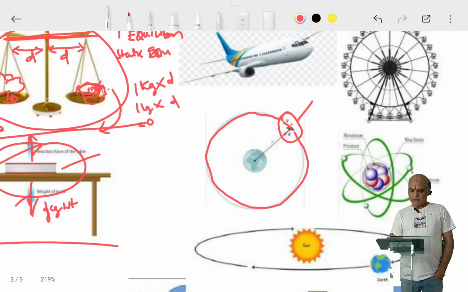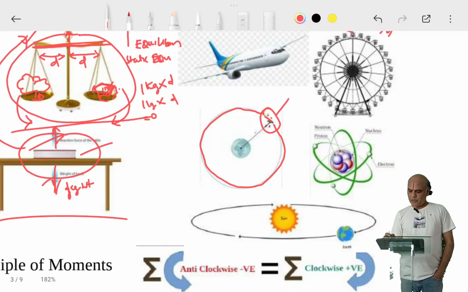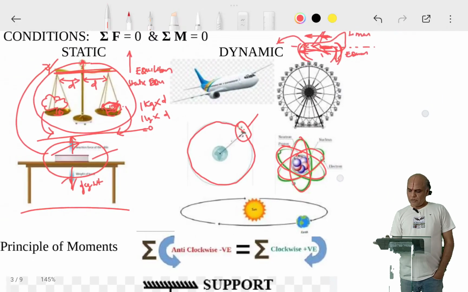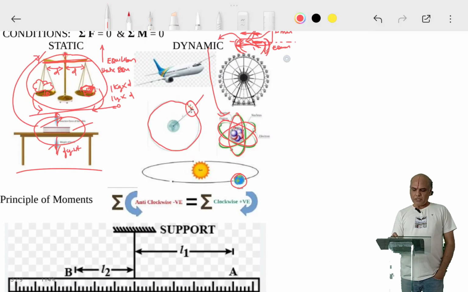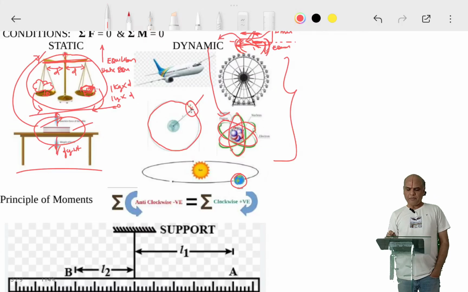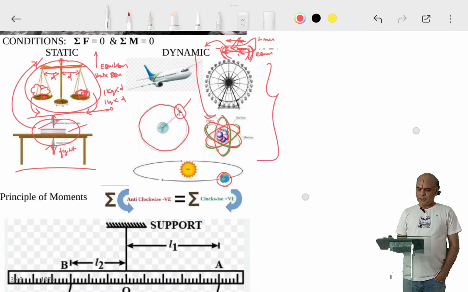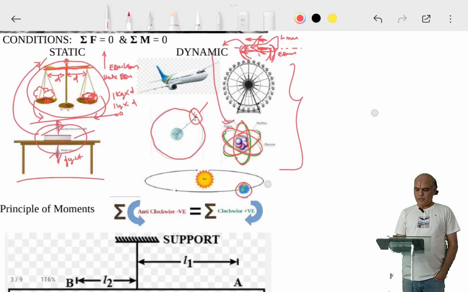So this is again a case of dynamic equilibrium. The electrons that rotate about the nucleus are also an example of dynamic equilibrium. Then planetary motions, like the Earth revolving around the Sun, are an example of dynamic equilibrium. So remember these daily life examples. You might get questions about them in your end exam.